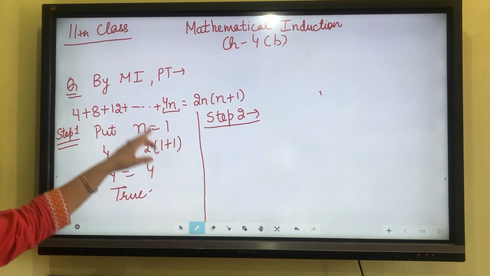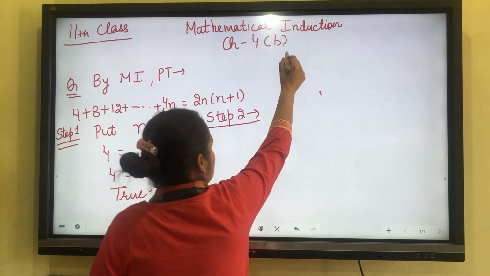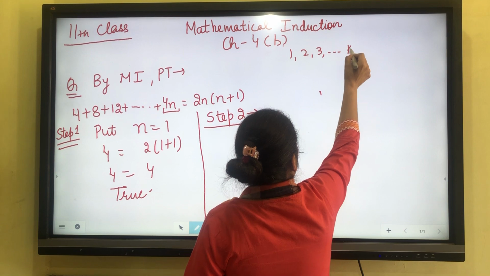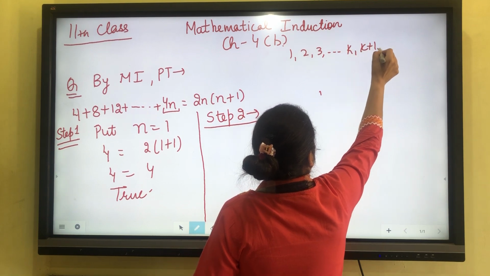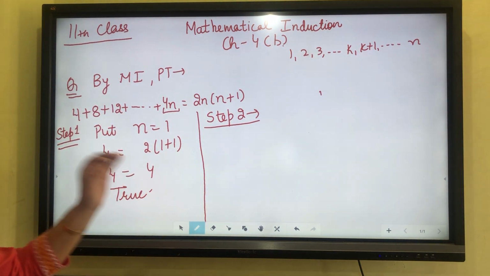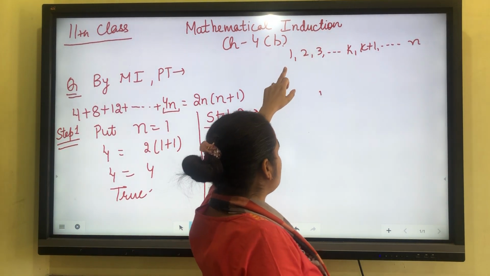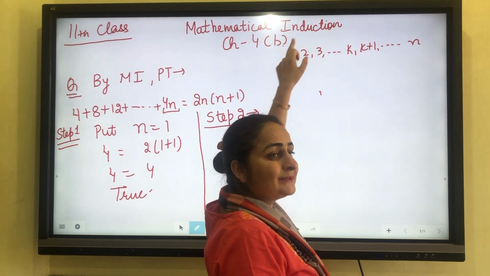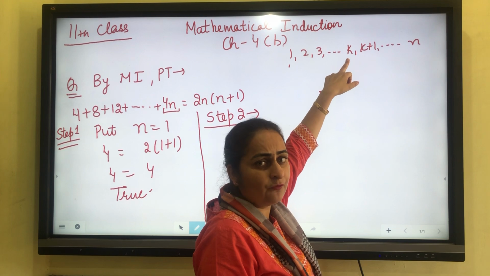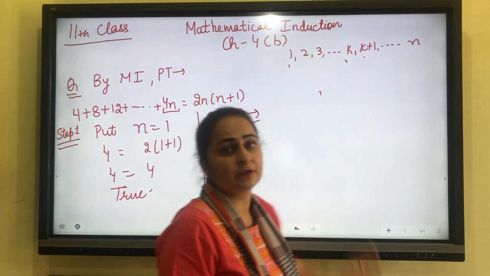For step 2, there are n number of terms in the question: the first term, second term, third term, the kth term, the k plus 1 term, and so on up to n terms. Now I am proving the result for the k term. The first step is for the first term, the second step is for the kth term, that is, the result is also true for the k term, and the third is the k plus 1th term.